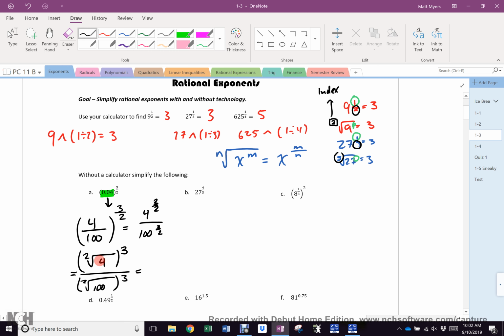What is the square root of 4? 2. What is 2 cubed? What is the square root of 100? Cubed. 1,000. Would I leave it that way? No, of course I would not, because 8 will simplify and 1,000 will simplify. You would bring that down to 2 over, no, I lie, sorry, 1 over 125.